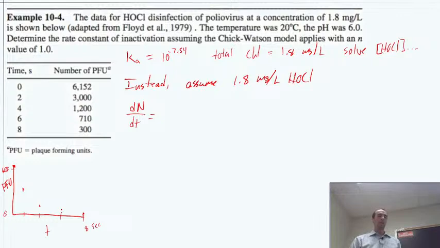We know that in this scenario, we just have this inactivation data with a Chick-Watson model applying with an n value of 1. We're not given much else about it.